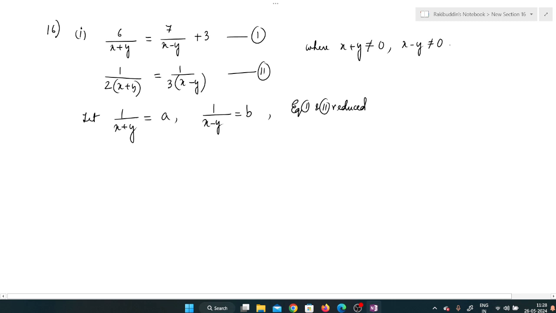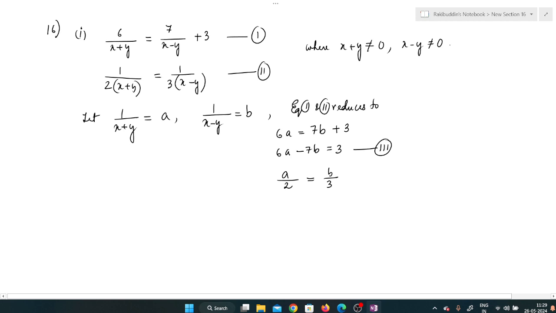Equation 1 reduces to 6a equals 7b plus 3. So let us arrange it. It will become 6a minus 7b equals 3. I'll make it equation 3. And equation 2, you can see, will become a by 2 equals b by 3.